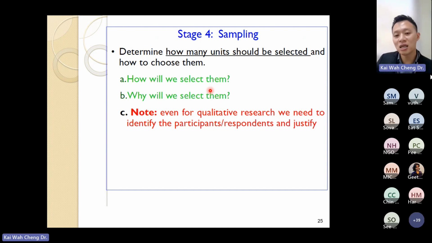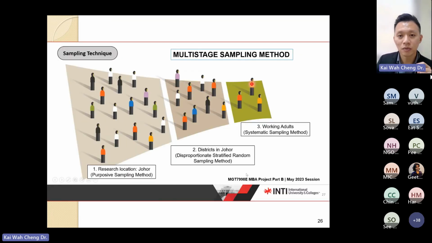So these are the things that you should consider under stage number 4, sampling. You should report all this information in your dissertation and in your articles as well. This is one of the examples that I get from my Master of Science students.